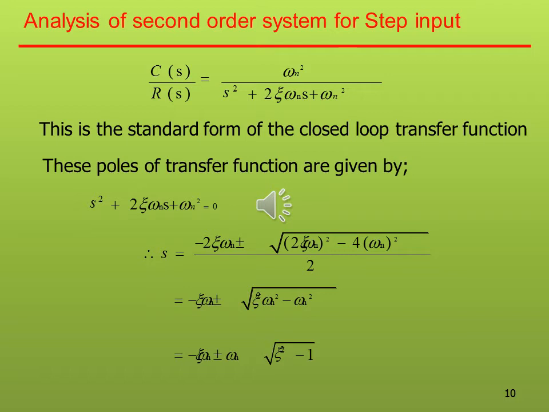Okay, so substituting this, we will get s is equal to minus 2 zeta omega n plus minus root of (2 zeta omega n) bracket square minus 4 omega n square.